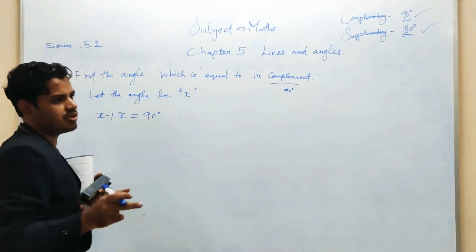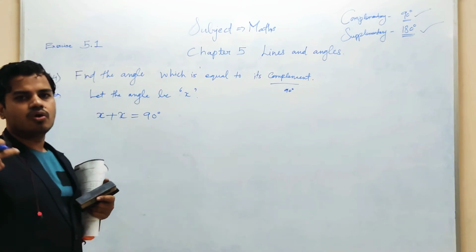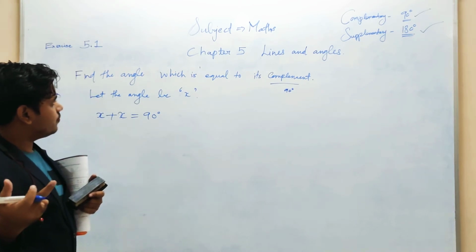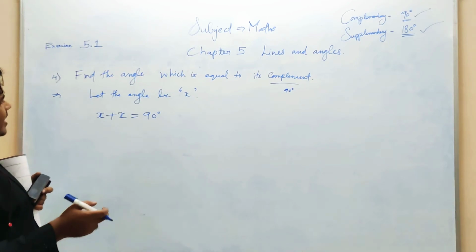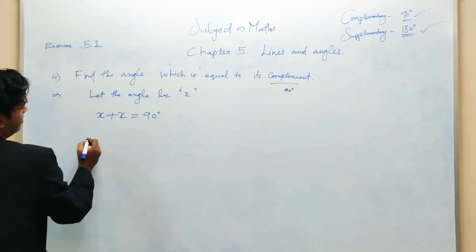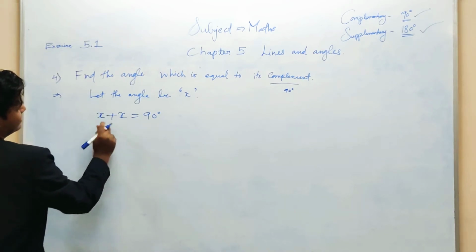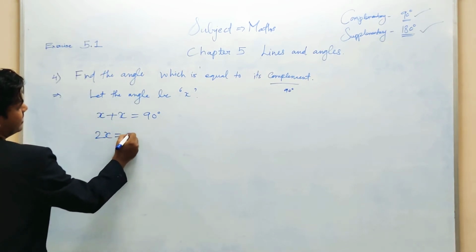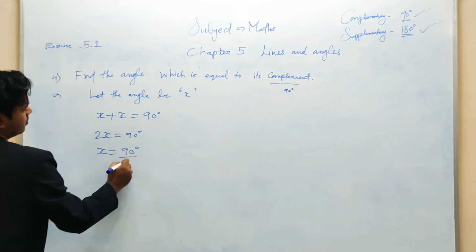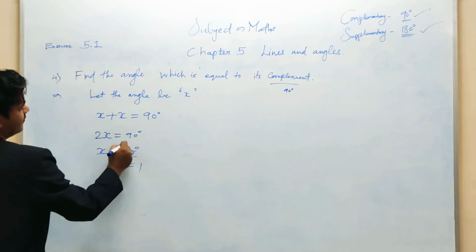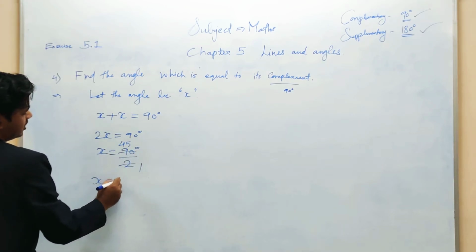So we have to find out such an angle which is equal to its complement. So x plus x is equal to 90 degree. So here we can write that 2x is equal to 90 degree, and x is equal to 90 upon 2, that is 2 ones are and 2 45s are, x is equal to 45 degree.